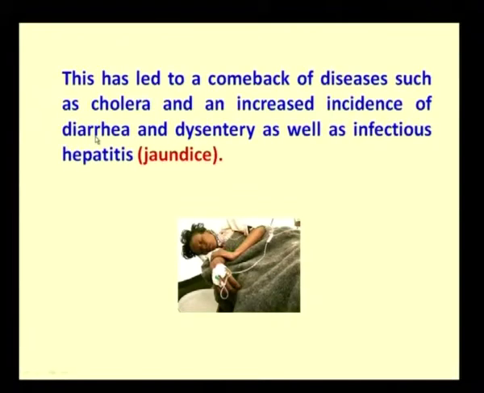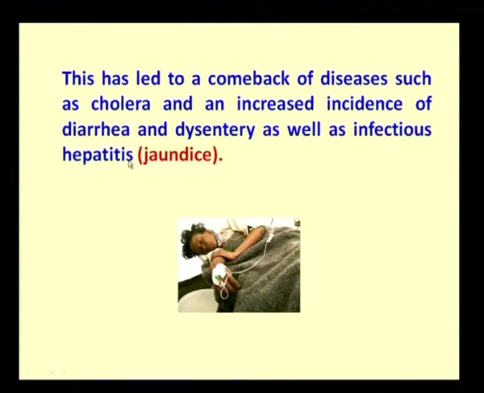So, see that the environment in which it is cooked and in which it is stored is maintained in a proper manner. This has led to a comeback of diseases such as cholera and an increased incidence of diarrhea and dysentery as well as infectious hepatitis, that is jaundice.